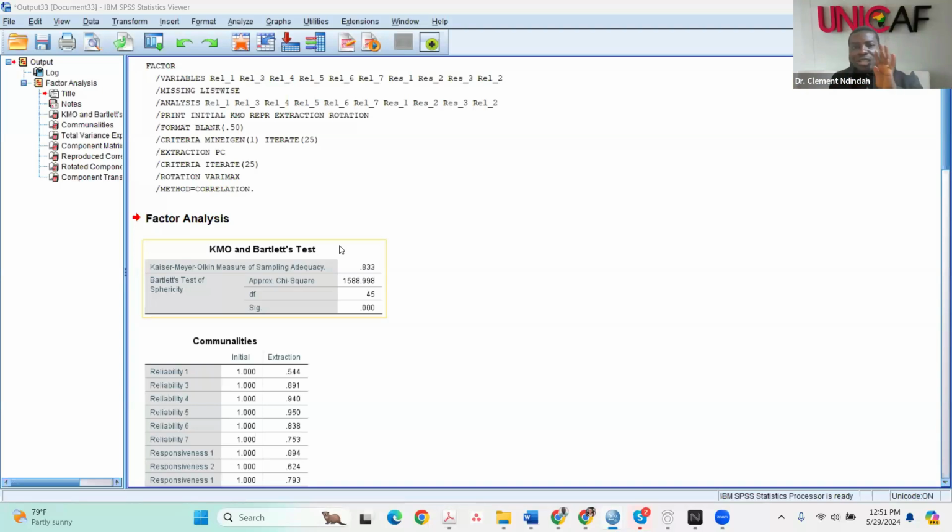Let's say you are using maybe 5 or 6 questions to measure reliability. Do a Cronbach's alpha test for reliability. Do another Cronbach's alpha test for responsiveness. Do another, because you should be using more than one indicator to measure the variables in your research. So yeah, if you are actually adapting an already validated instrument, you will not use this.